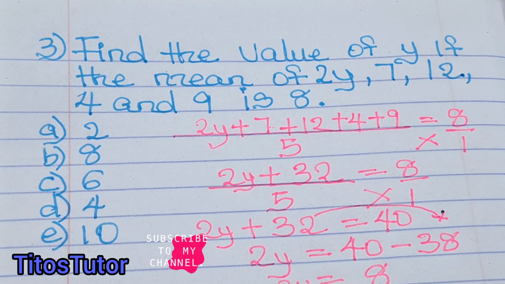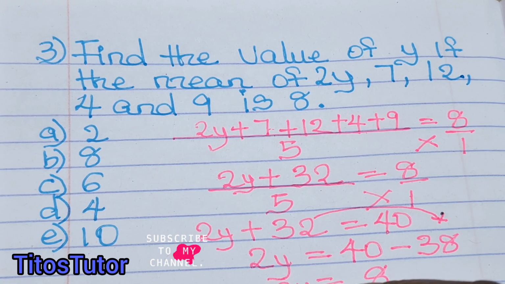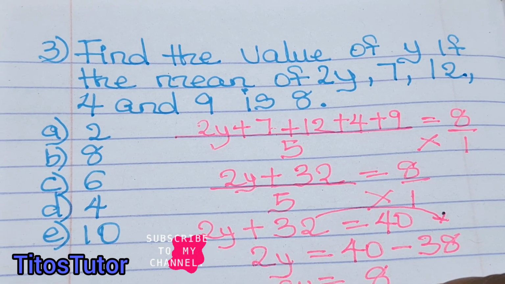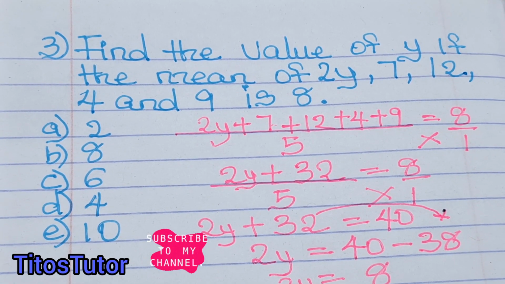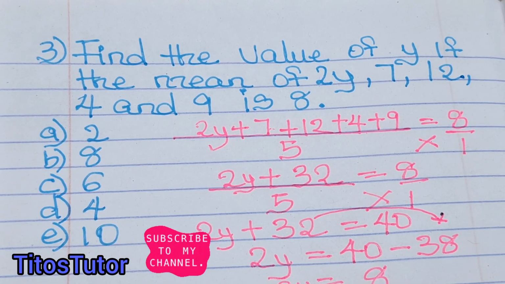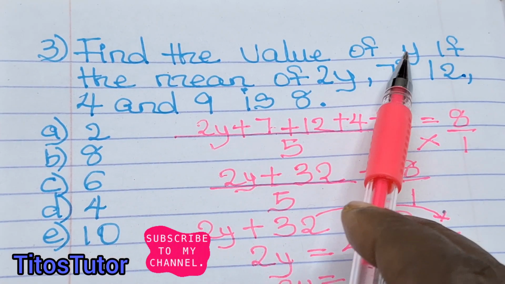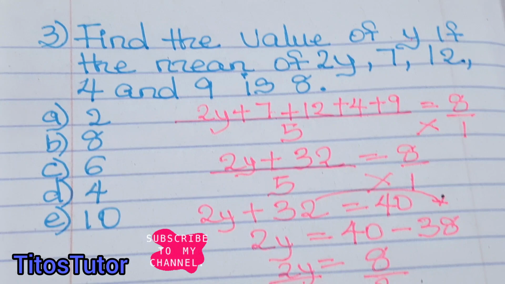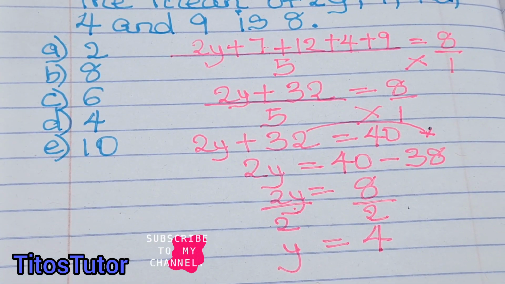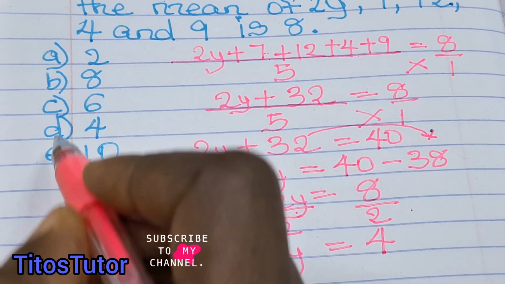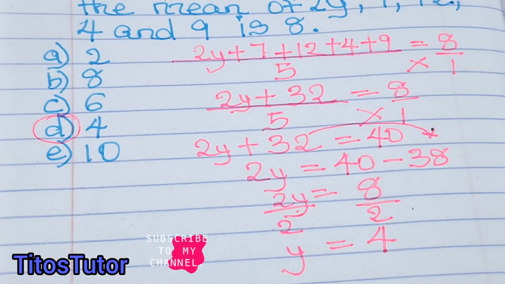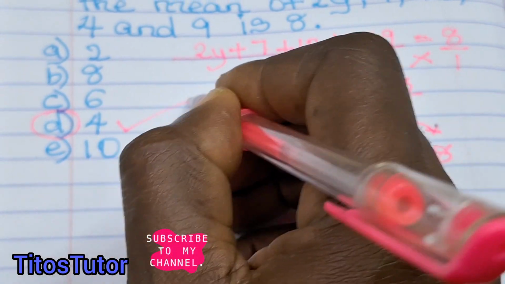I'm looking for y, not 2y, so I'll divide by 2, divide by 2. y is equal to 4. And it says find the value of y, so I look for the option here. Is the correct answer.